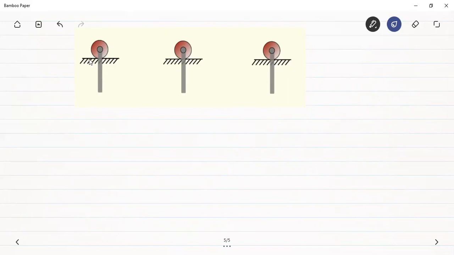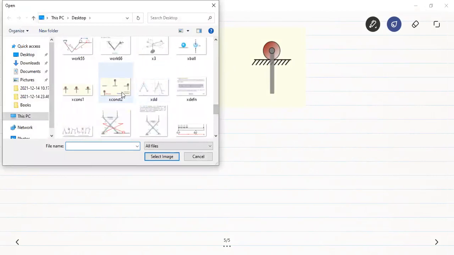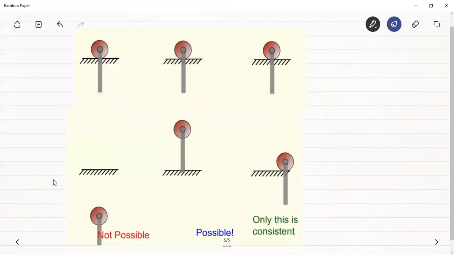Now, what are the possible motions that we can give to the roller? See, this diagram will explain. Can I give the roller a motion in the vertically downward direction? Then this roller can break the supports, so this is not possible. Can we move this roller in the upward direction? It is possible, but it's not consistent with the constraints of the support.